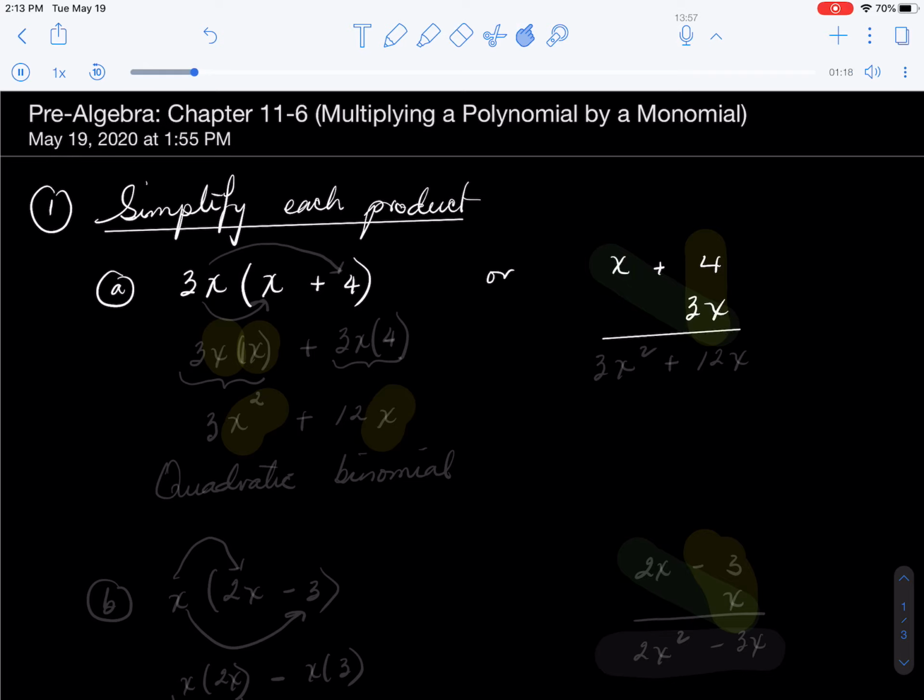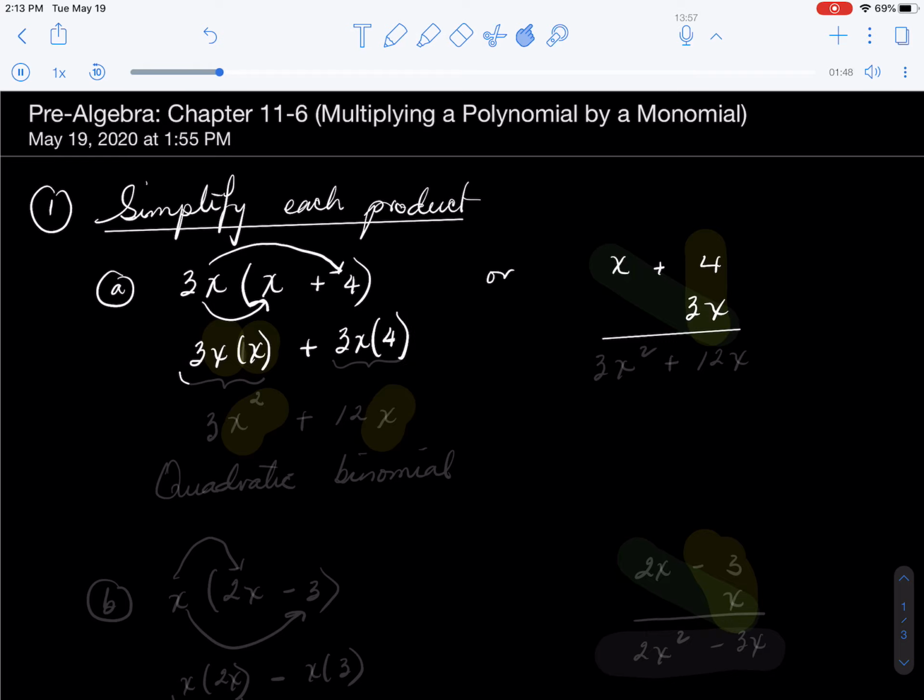So here, when you're using the distributive property, remember you multiply everything inside the parentheses. So what you will have is 3x times x. The signs still stay the same. The operations will stay the same. In this case, it is a plus 3x times 4.